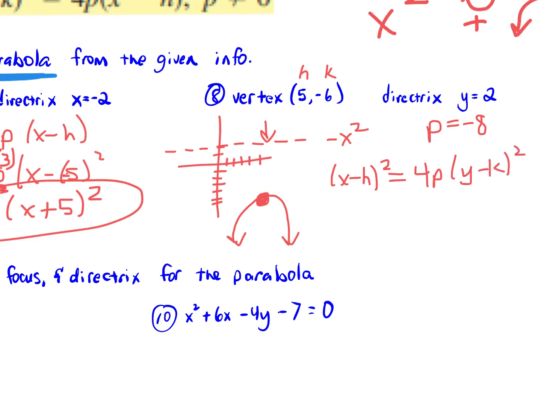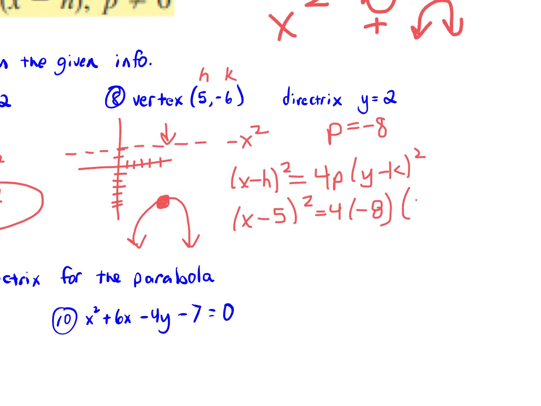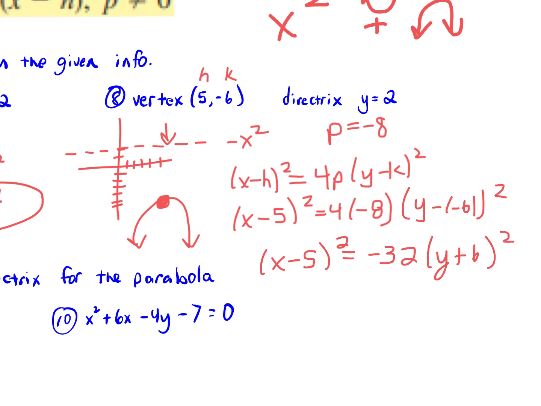So I have x minus 5 squared equals 4 times negative 8, that's my p value, times y minus a negative 6. Just clean that up: x minus 5 quantity squared equals negative 32 times y plus 6 quantity.